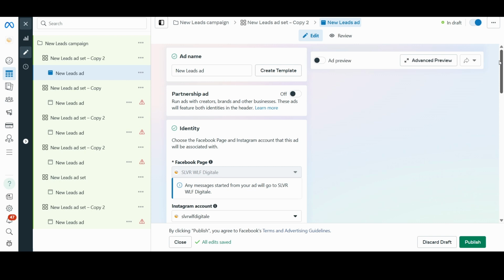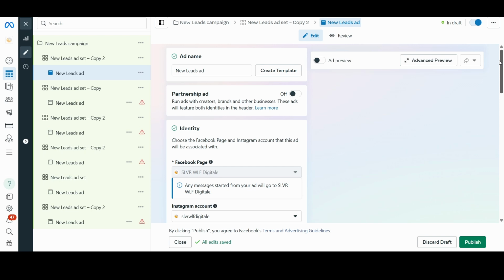The algorithm is going to start showing your ad to those low quality people. And then you'll be asking, why am I getting low quality leads? The reason you're getting low quality leads is because your creative is speaking to low quality people.